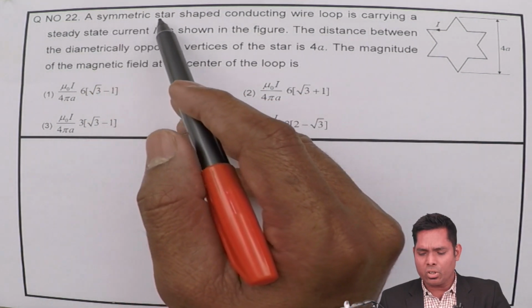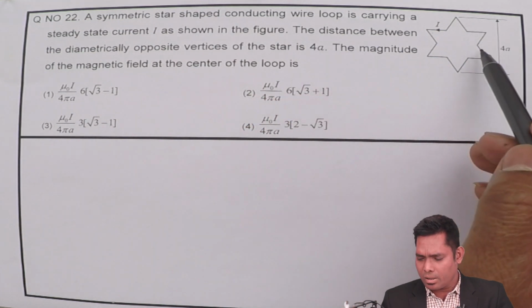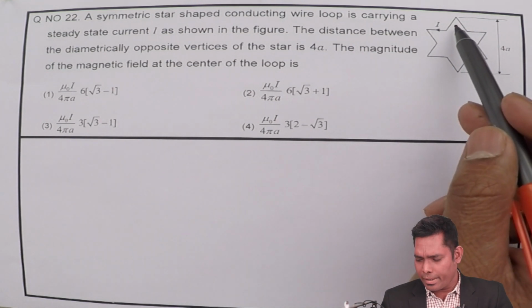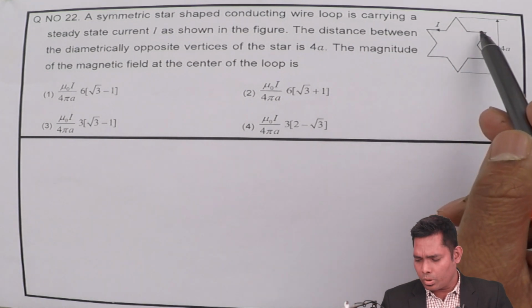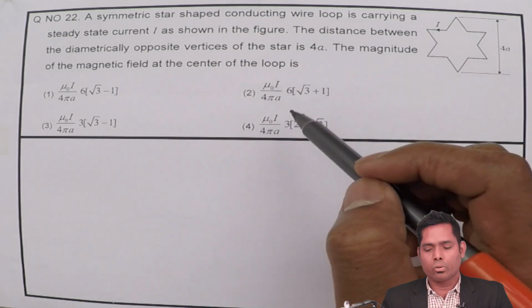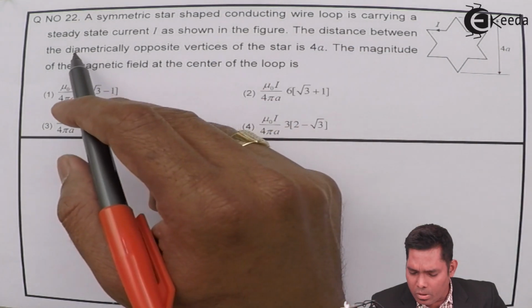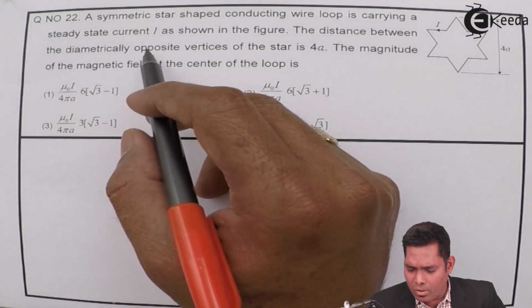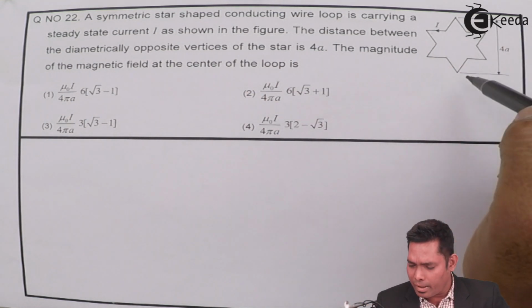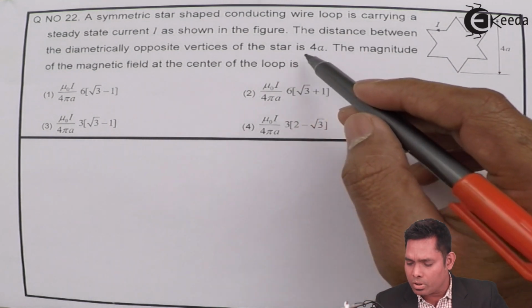A symmetric star-shaped conducting wire, having 12 sides. The distance between diametrically opposite vertices of the star is 4a.